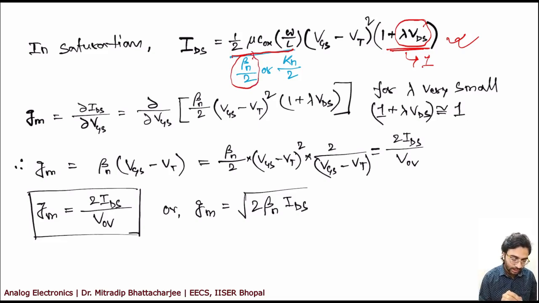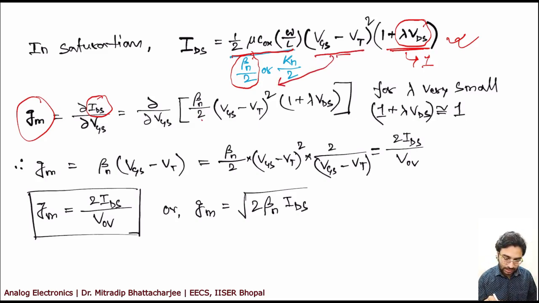Now if you take the gm value, which is del IDS by del VGS, just replace IDS over here. You will get del by del VGS of beta n by 2 into (VGS minus VT) whole square, and the 1 plus lambda VDS term we can neglect for very small lambda.